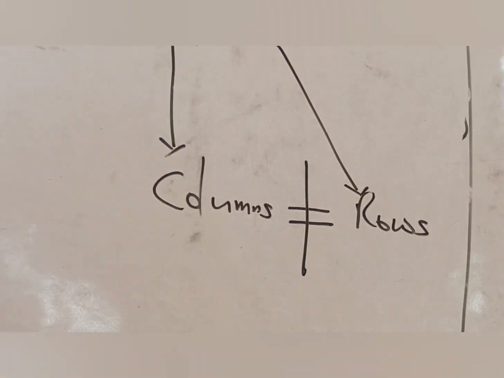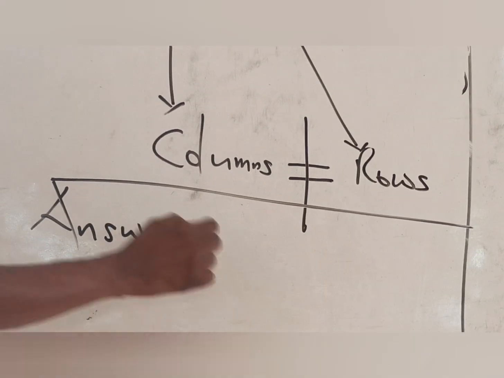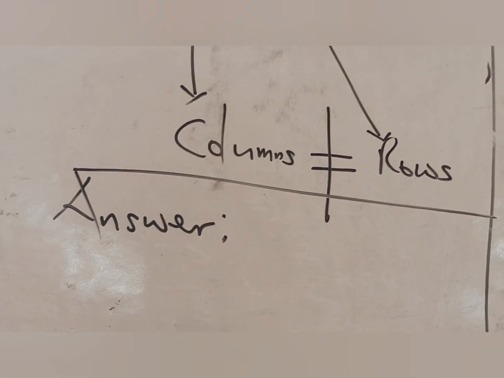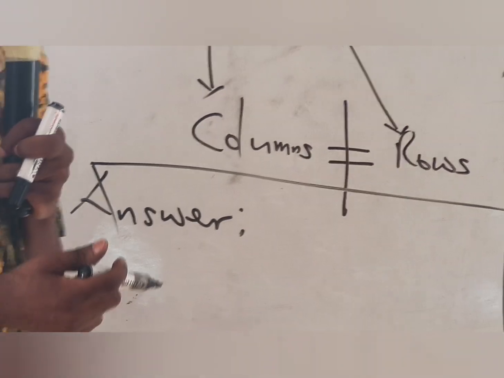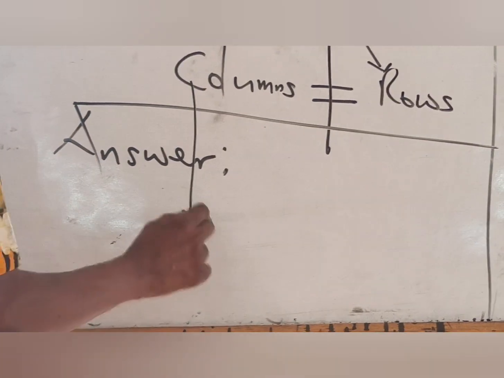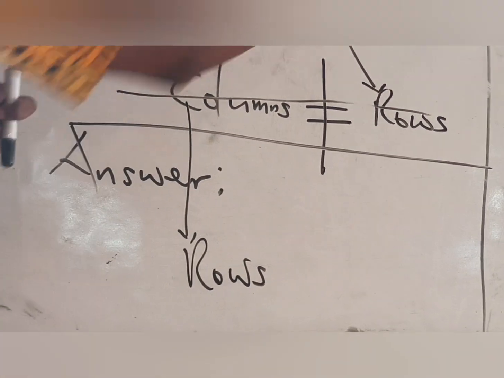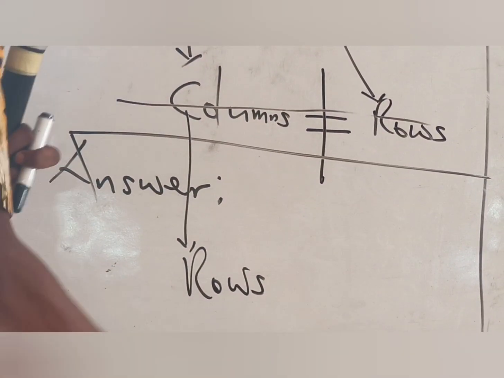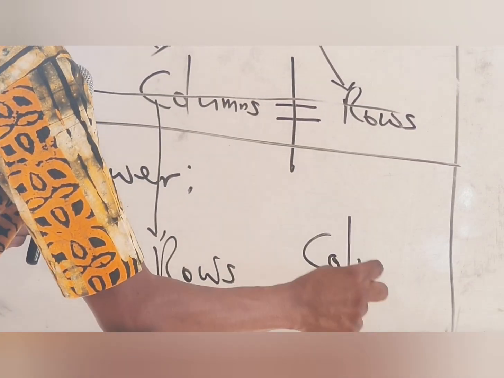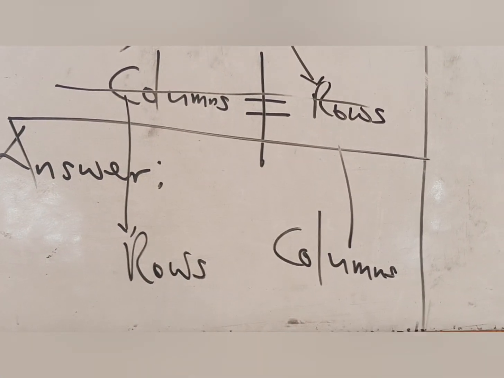Now, after multiplying, how will your answer look? After multiplying a matrix by another matrix, the answer will have the same number of rows as the first matrix, and the same number of columns as the second matrix. That's the answer.